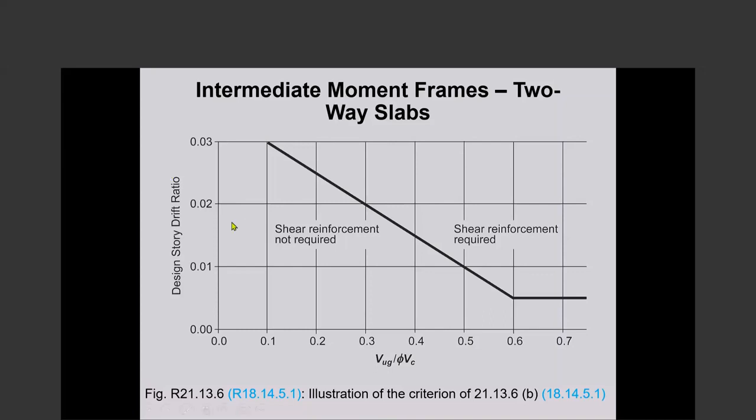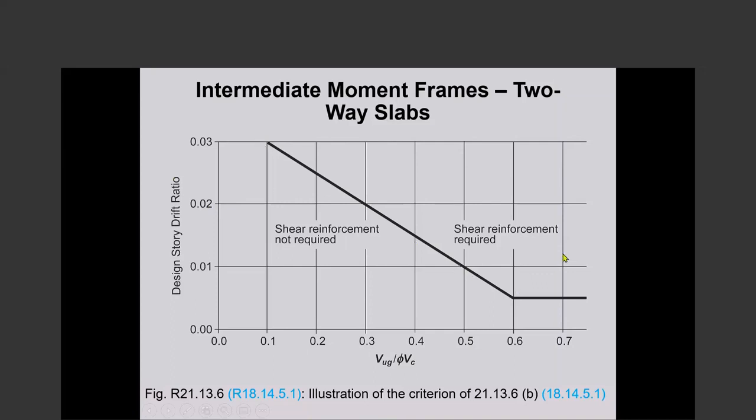So when you have 0.02, that means design story drift is 2% of story height, which is the limit for standard occupancy buildings, you recall. Okay, so this solid line is very important.